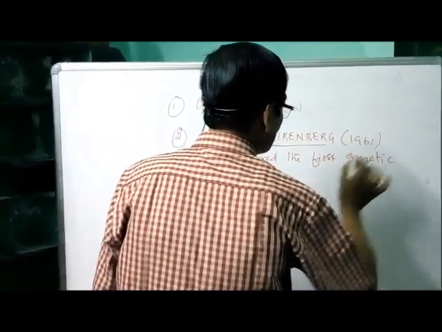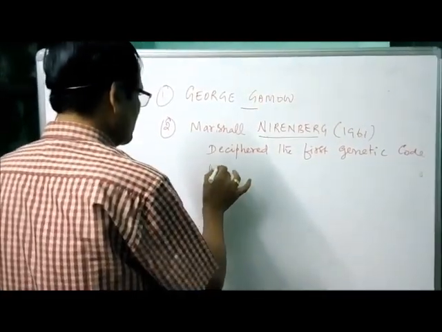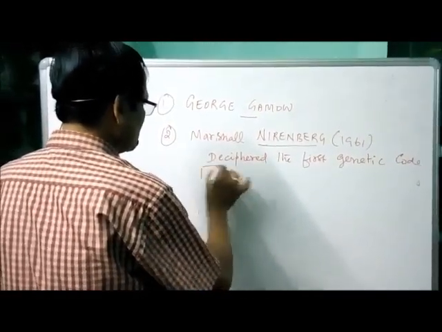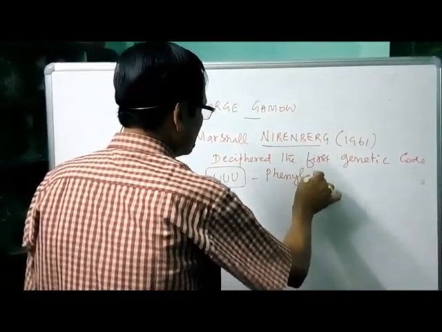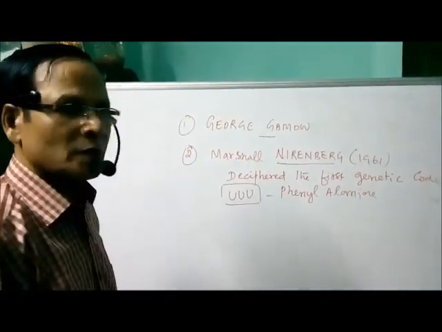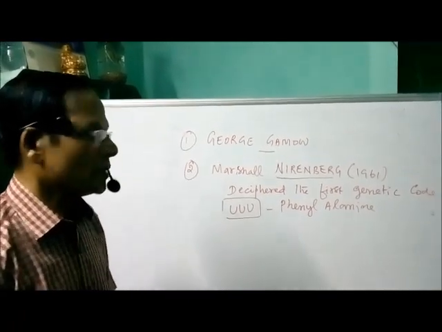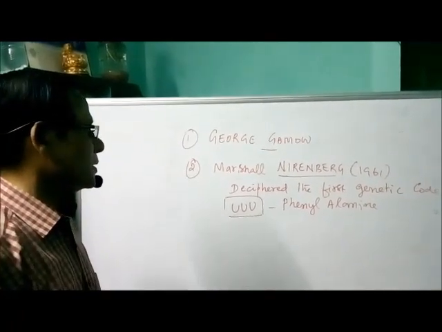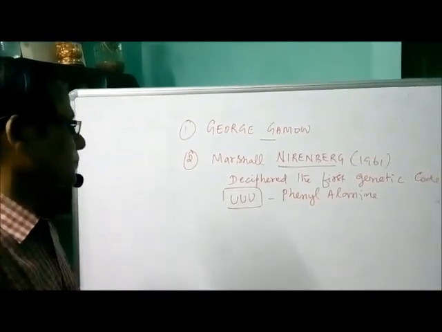The first genetic code deciphered is UUU. This is the genetic code for the amino acid phenylalanine. So this is the first genetic code deciphered by Marshall Nirenberg in 1961, and that was UUU for phenylalanine.